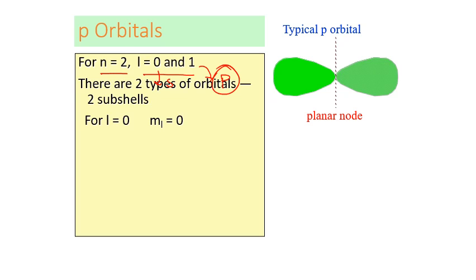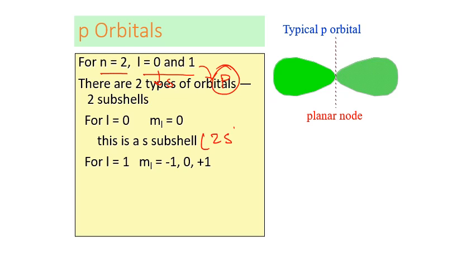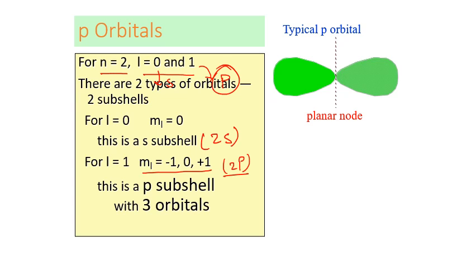One is l equal to 0, ml equal to 0, which is basically the 2s orbital. The other is l equal to 1, and therefore there are 3 possibilities, so basically three 2p orbitals. The 2p orbital has 3 orientations or directionalities, and depending on these 3 ml values, it has 3 orbitals.